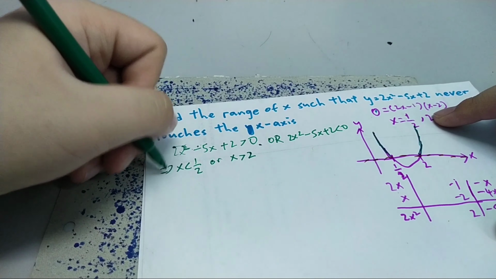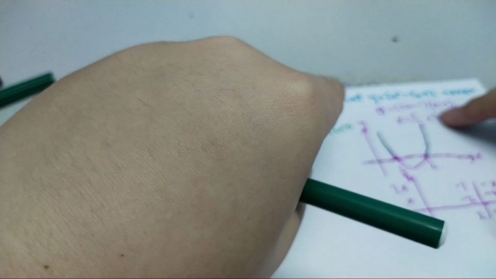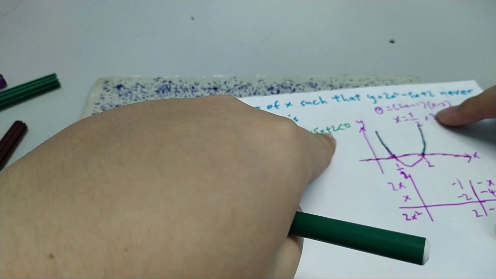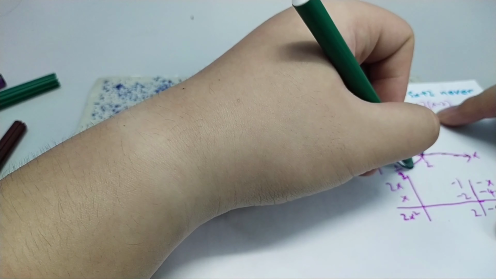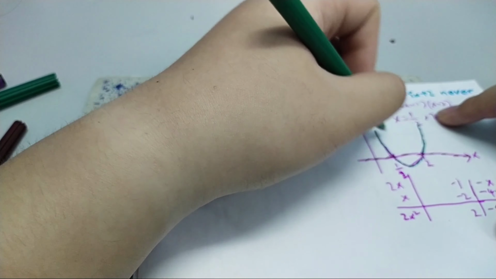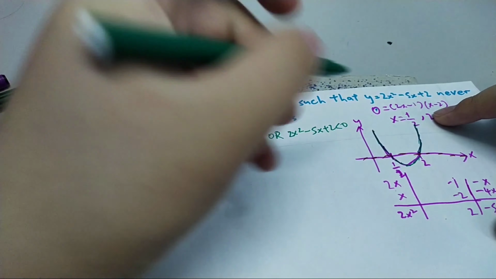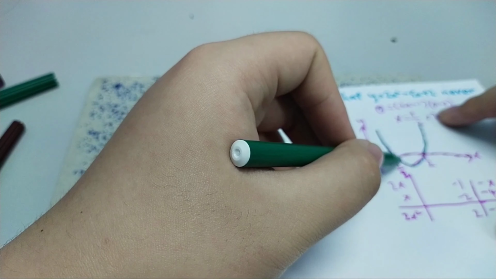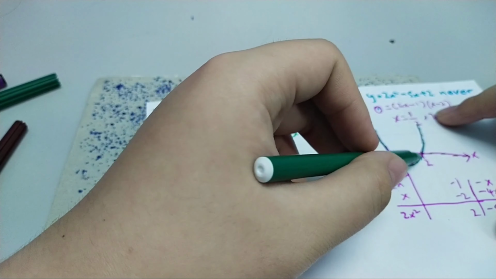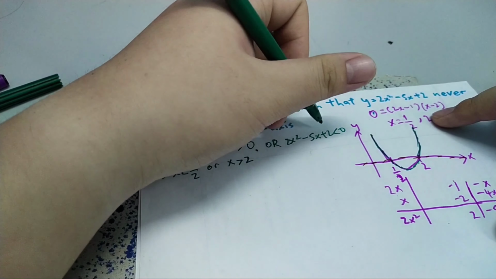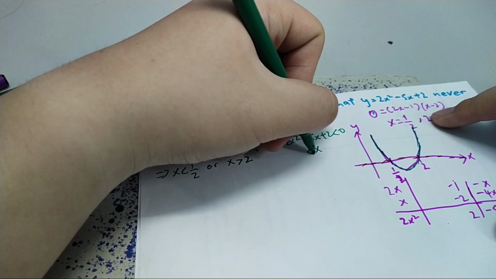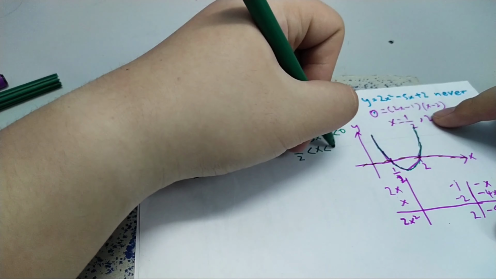That is the first case. For the second case, less than 0, we define the range for this part of the curve, the region I plotted just now. For this inequality, x is in between 1 over 2 and 2.